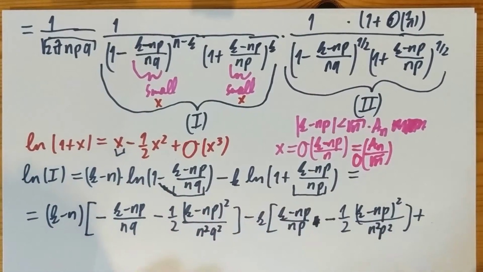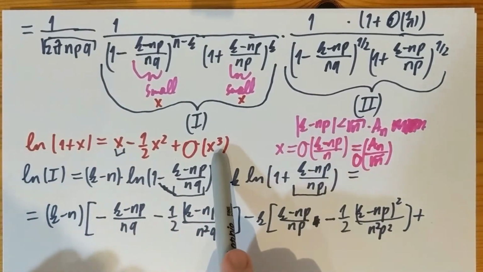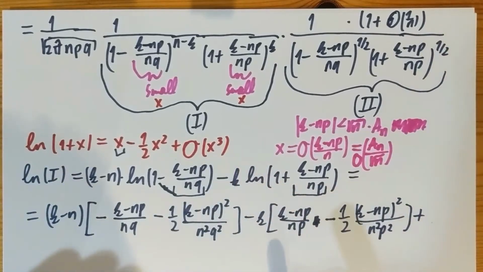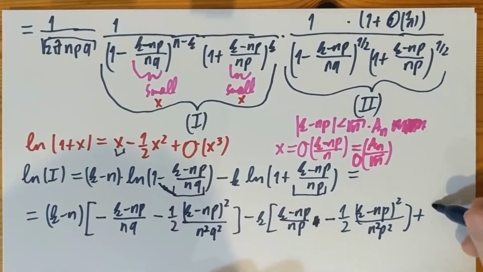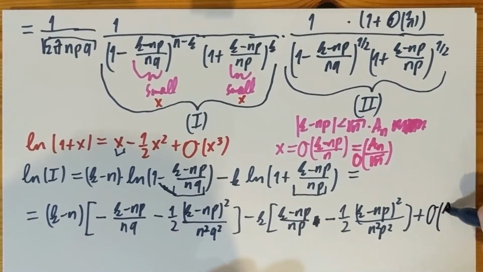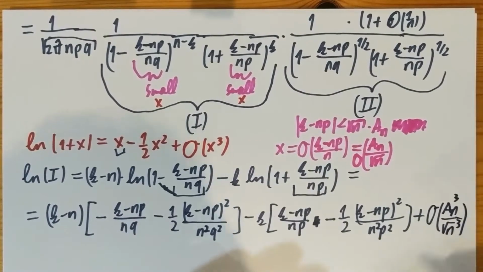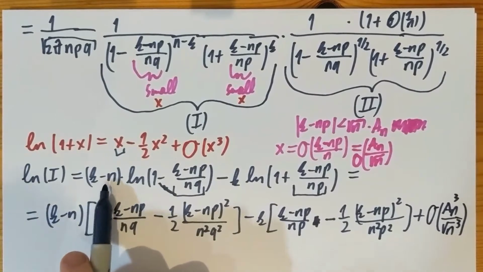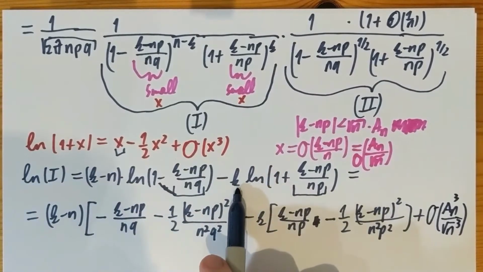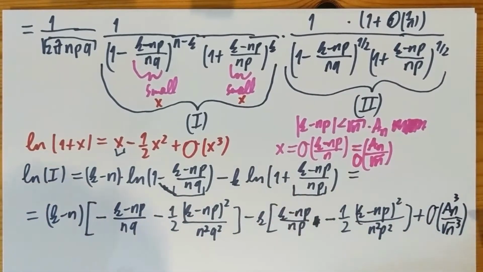So if I now want to put this error term here, then I'm going to add the cube of an over root n for my error term in the first place. So an cube over root n cube. However, notice that in front I had k minus n, or k, both in the order of n. So I'm going to multiply this by n.